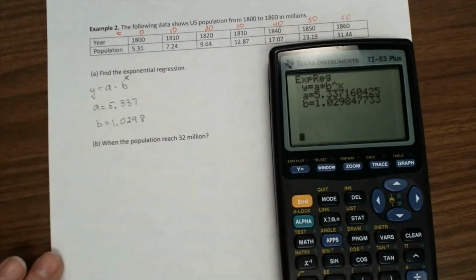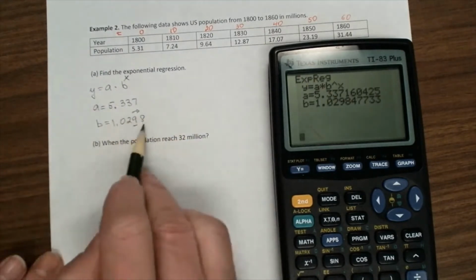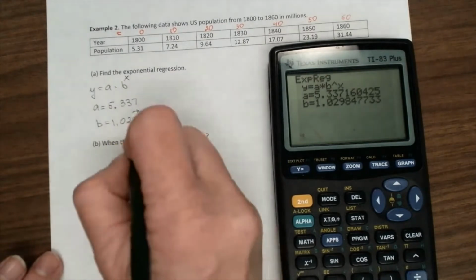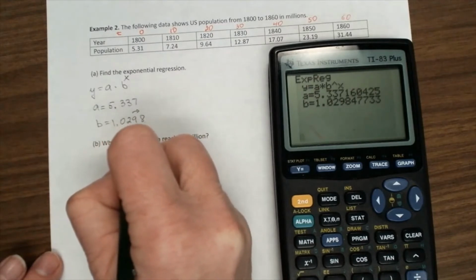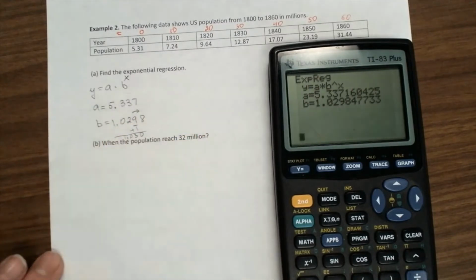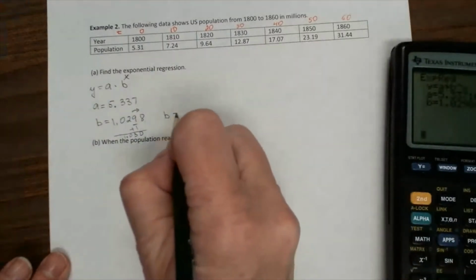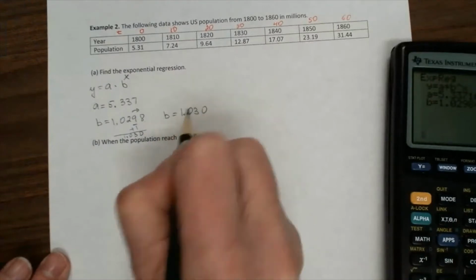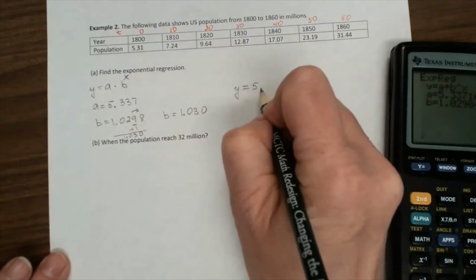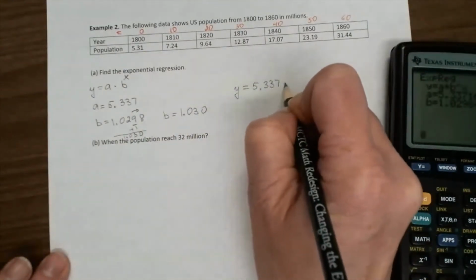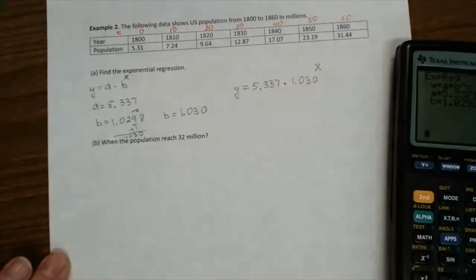This number is a little bit tricky because we have 9 in the third place and we have 8 after 9, so we have to add 1, and it will be 1.030. So b is 1.030, and the equation is 5.337 times 1.030 to the power x.